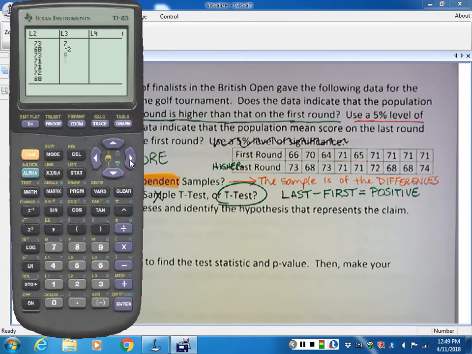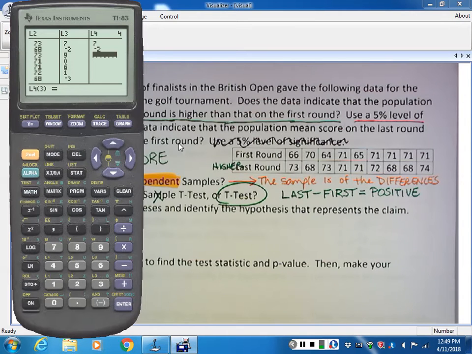You could also calculate your differences one at a time, 73 minus, I'm sorry, 66, and 68 minus 70, and so forth.